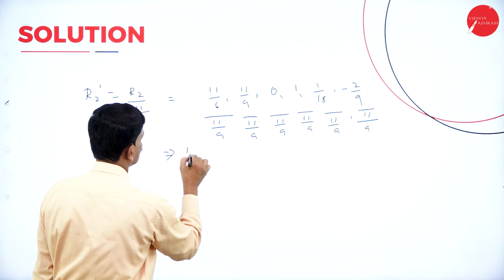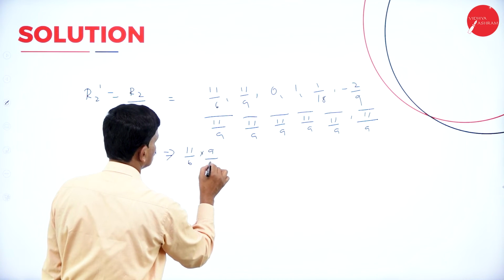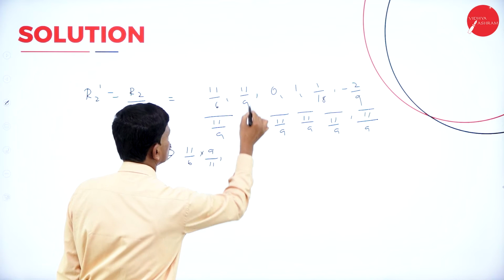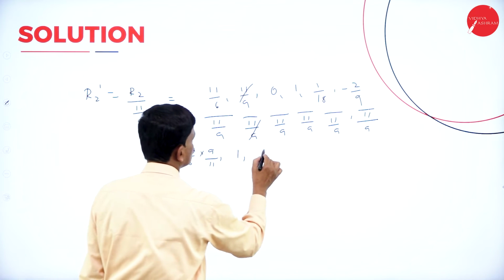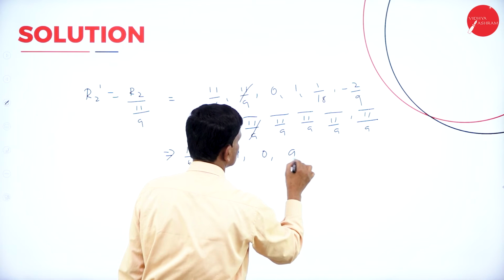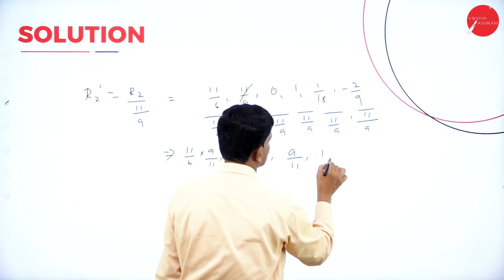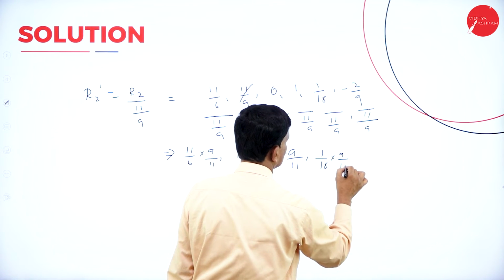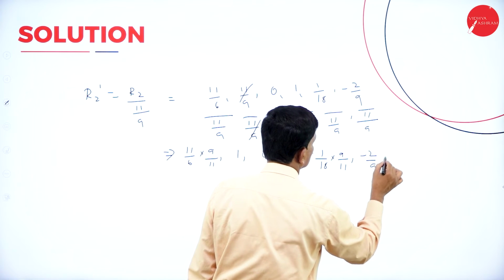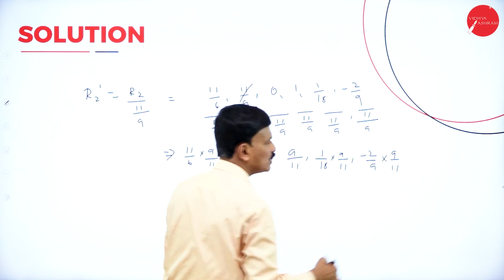This is equal to 11 by 6 into 9 by 11. This 2 gets cancelled. 1. This is 0. This is 9 by 11. This is 1 by 18 into 9 by 11. This is minus 2 by 9 into 9 by 11.